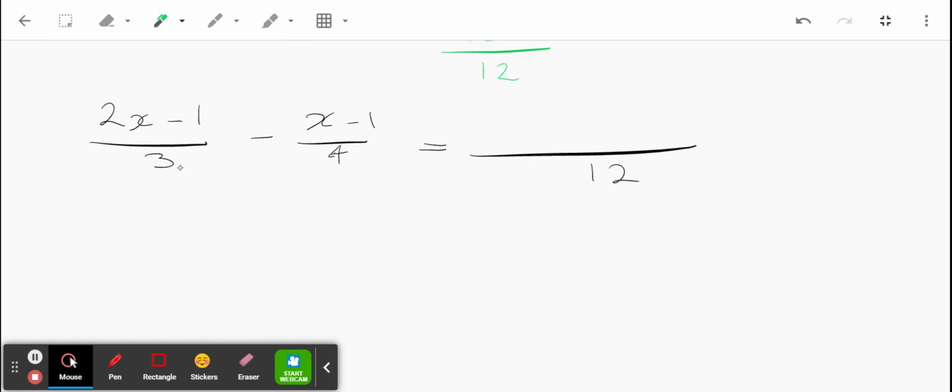To make the 3 to 12, I multiply that by 4. I need to multiply the top by 4. So I've got 4 times 2x minus 1. So I'm multiplying that whole term. And then on this side, I need to multiply that by 3 and that by 3. Now you'll see that this is a minus. So I'm going to have minus 3 times x minus 1.